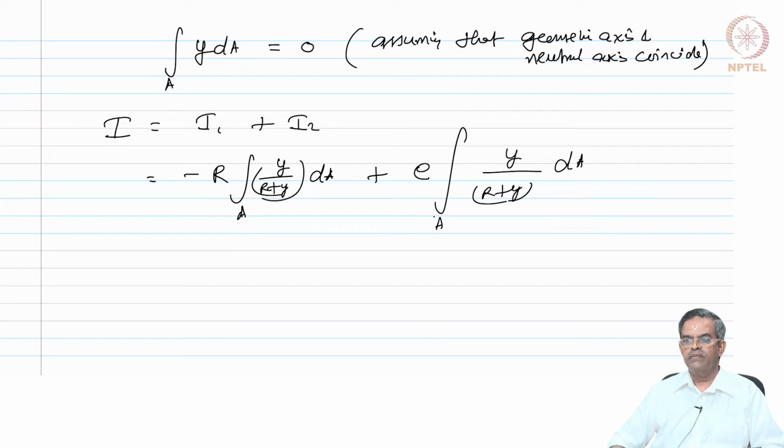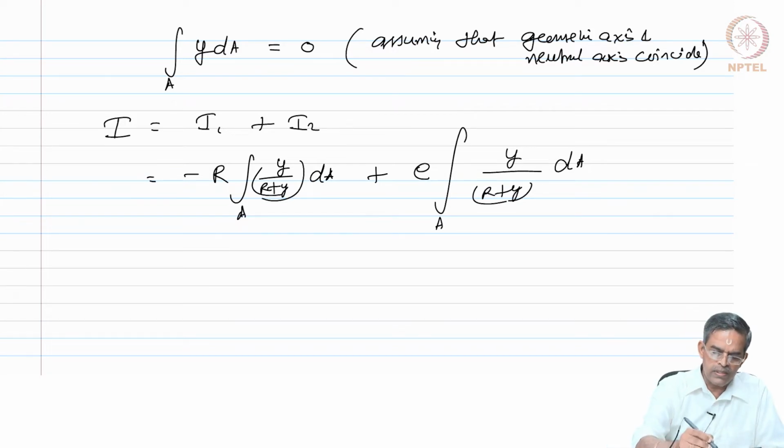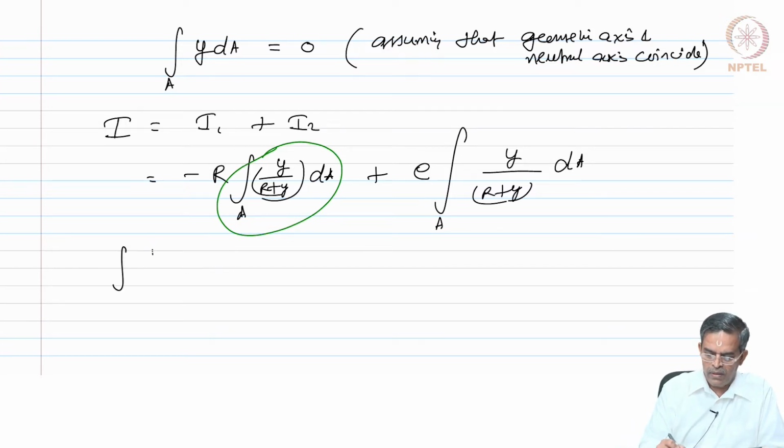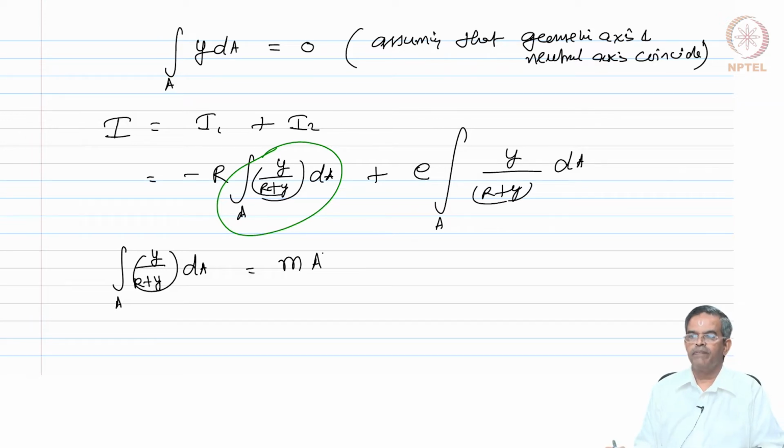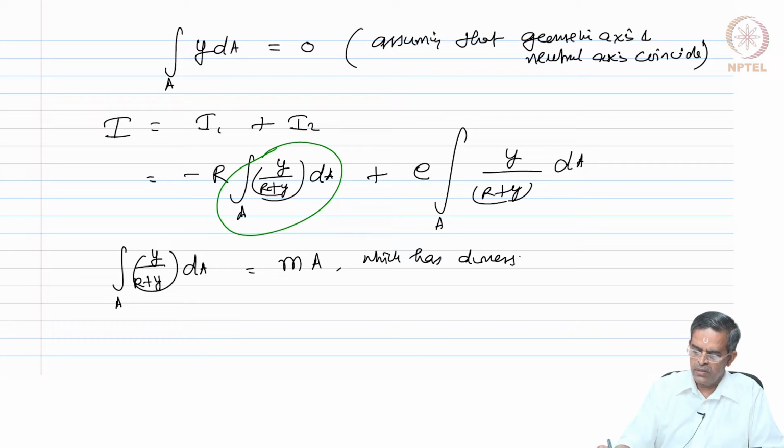Furthermore, friends, we already have this relationship with us. If you recollect, the integral of y by r plus y dA for A is called MA, which has dimensions of area.